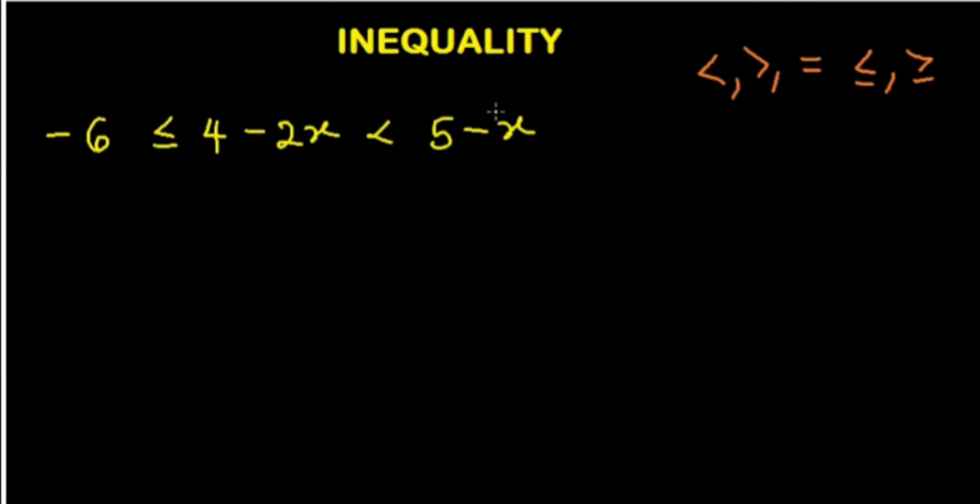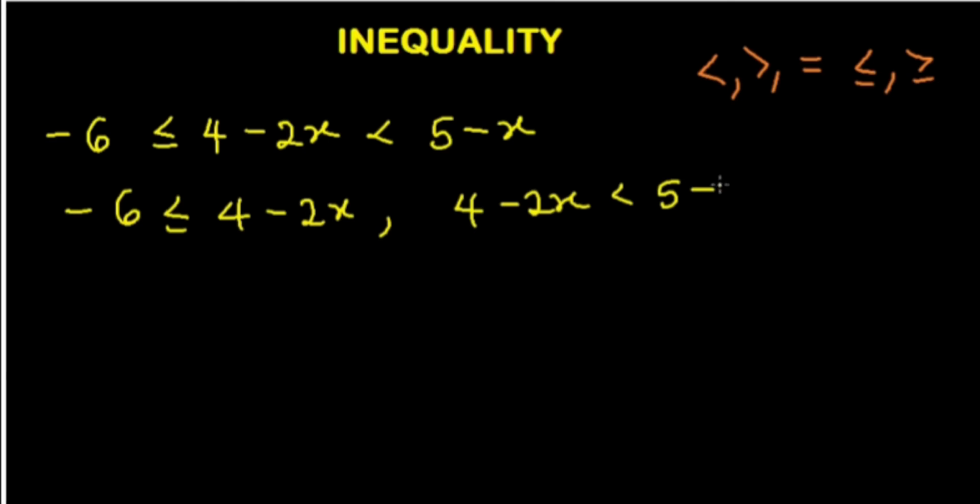Since you have something like this, you can split this into two. I can have minus 6 less than or equal to 4 minus 2x, or you have 4 minus 2x is less than 5 minus x. So I've already split this expression.